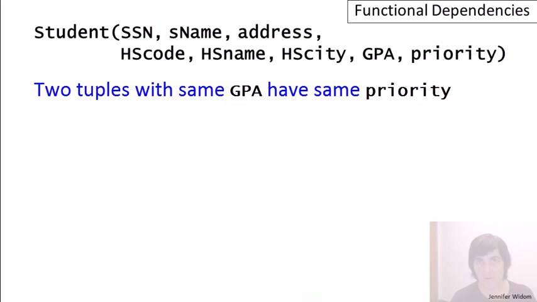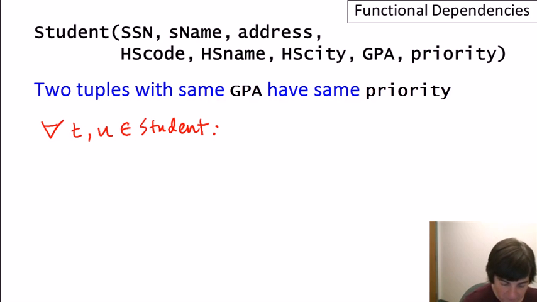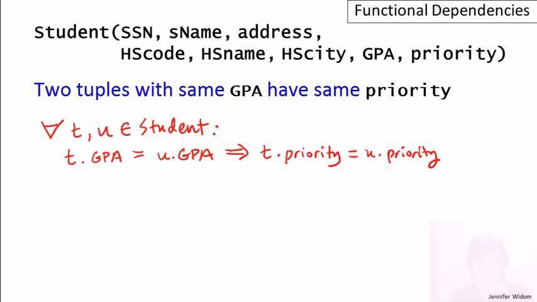And let's formalize that concept. I'm going to write a little logical statement here. I'm going to use the for all symbol from predicate logic, and I'm going to say for all t and u, those are tuples, in the student relation, if t.gpa equals u.gpa, then, and this is the logical implication symbol, t.priority equals u.priority.